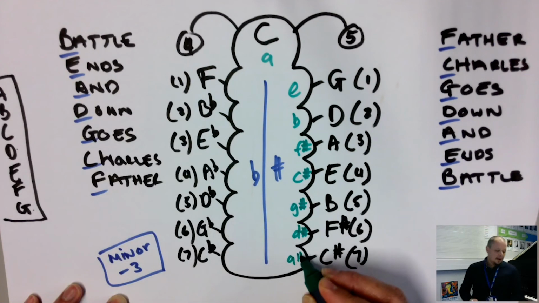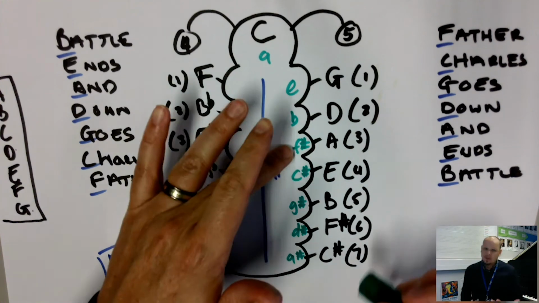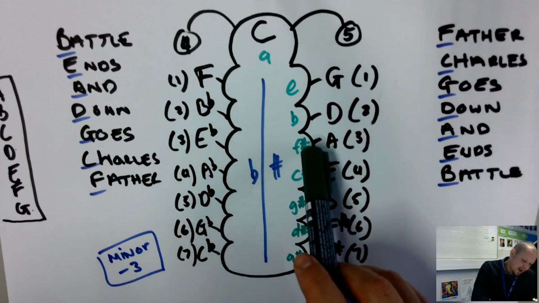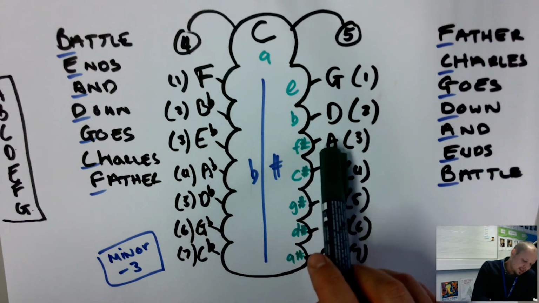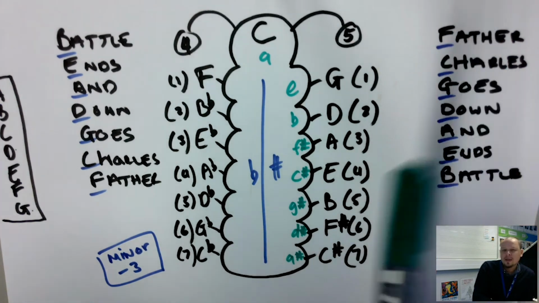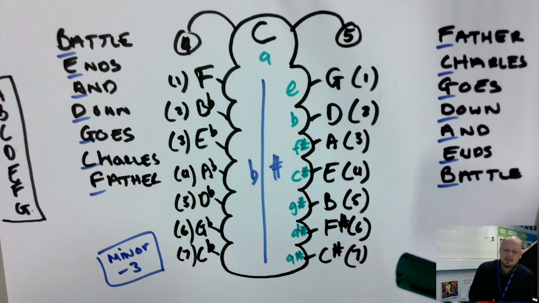Okay, now I told you that I was going to tell you why certain keys have accidentals, like do we have F sharp minor and F sharp major. Why do they have that? The reason being is if we look at F sharp minor, which is the relative minor of A major, it has 3 sharps and one of those sharps is an F. Okay, so you can't just call it F minor because it has an F sharp in the key signature, so it has to be F sharp minor.